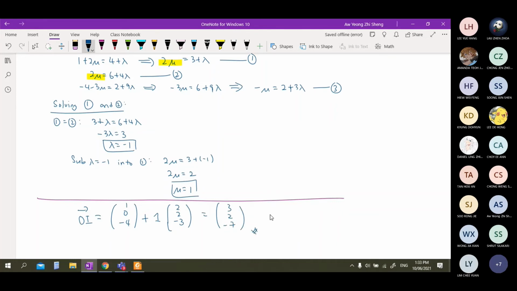Okay, done. That's the final answer. If you sub lambda equals negative 1 into the equation of L2, you will also get the same final answer.